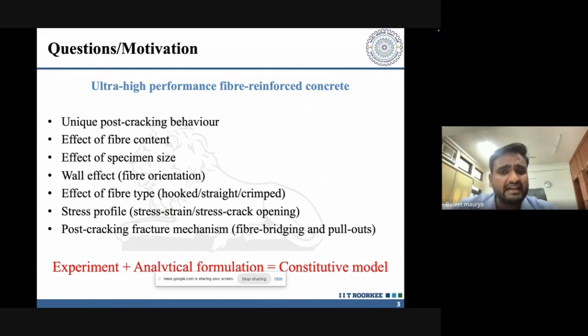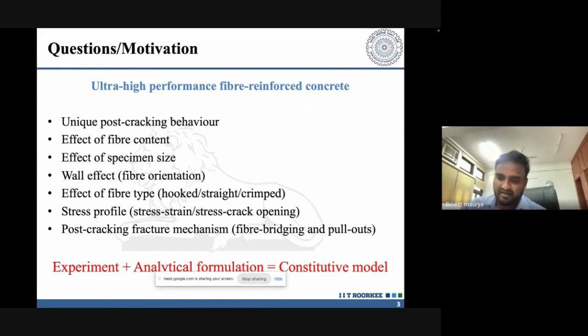We are using hooked end, straight, crimped. And what would be the stress profile, like stress-strain or stress-crack opening? And what kind of fracture mechanisms are involved in its post-peak behavior? There are so many questions that people are looking for answers to, and research is going on. If we can figure them out by considering all the parameters, and produce a constitutive model, it will be a great help for the designers.